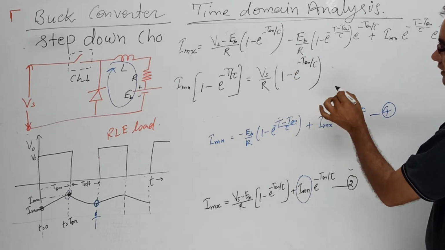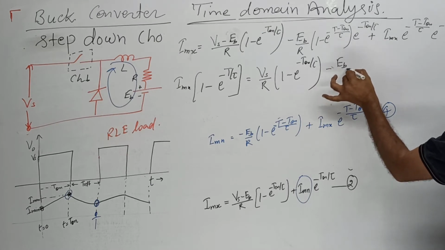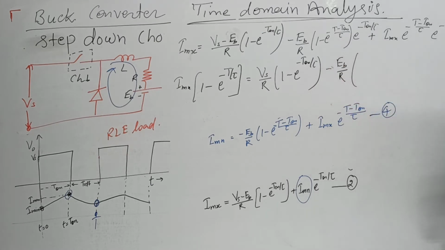This is the one fact. Minus EB upon R, this we are taking common.